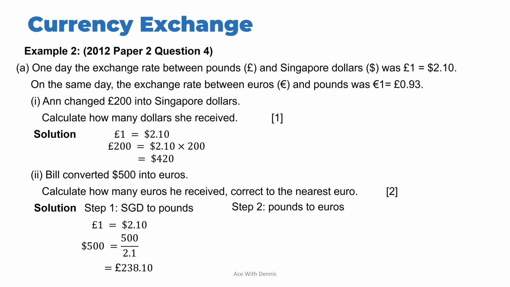Then step 2, we change pounds to euros. The exchange rate is 1 euro is to 0.93 pounds. So 238.10 pounds is 238.1 divided by 0.93, which is 256 euros to the nearest euro.